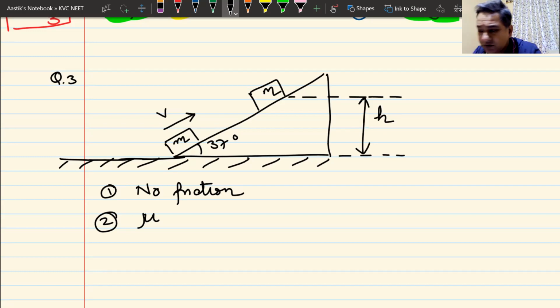You have to solve the question in two different cases. First case is that there is no friction. That is the first question that you will solve. Once you are done with that question, we will solve it for the next case where friction also comes into the picture.